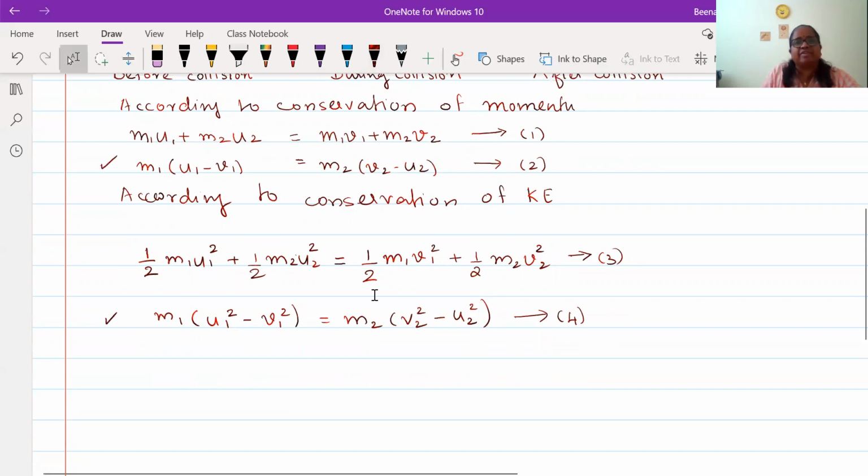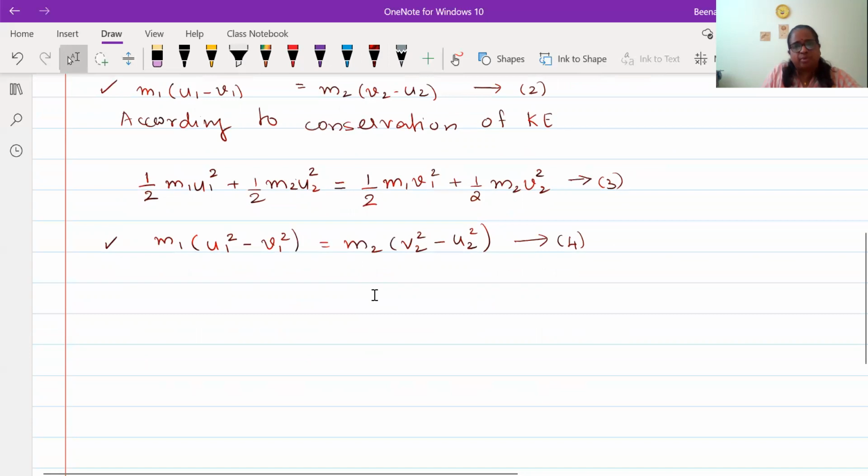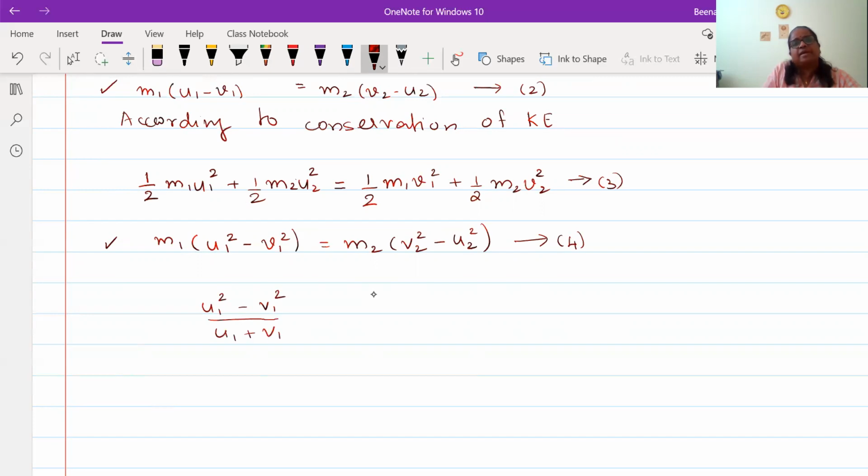You can see that m1 will get cancelled, m2 also will get cancelled, and we have u1 square minus v1 square divided by u1 minus v1 on one side, and v2 square minus u2 square divided by v2 minus u2 on the other side.